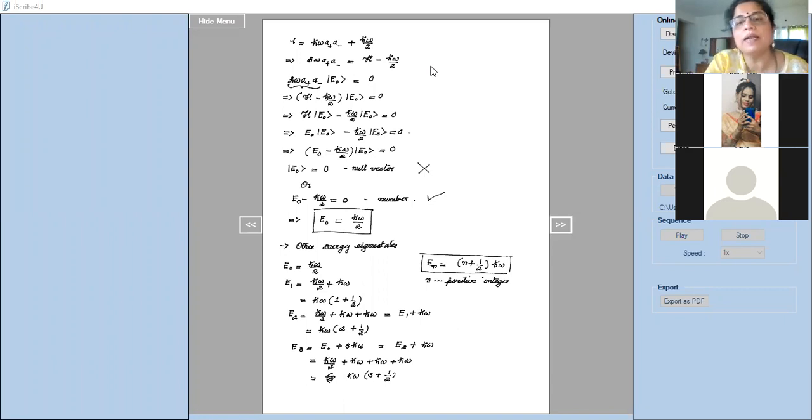En is equal to n plus half h cross omega. So we have the energy eigenvalues of the linear harmonic oscillator. Now you will be able to see when Meera ma'am solves this that you will arrive at exactly the same answer, of course. It's the same physical system. Just because the method of solving it is different, you shouldn't end up with different answers. You will end up with exactly the same answer, but it will be a much more complicated method.